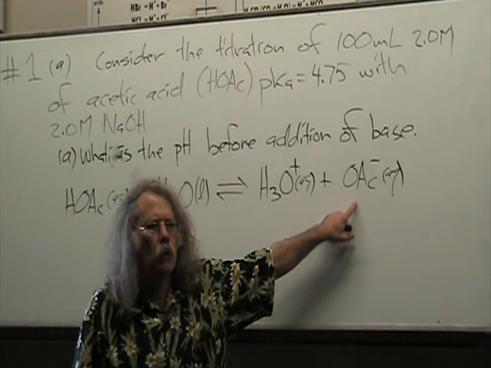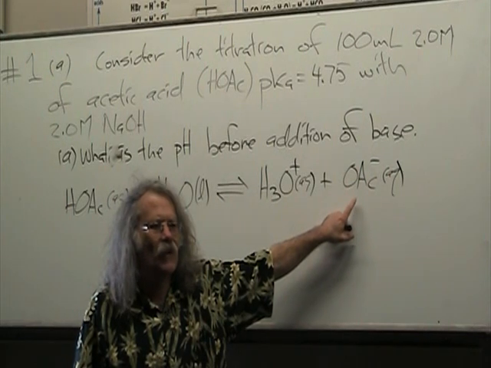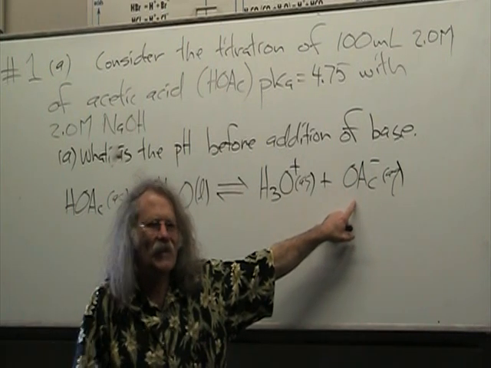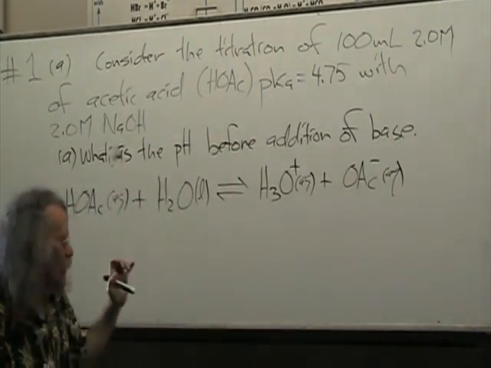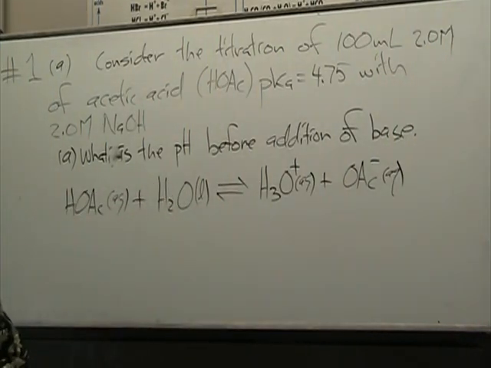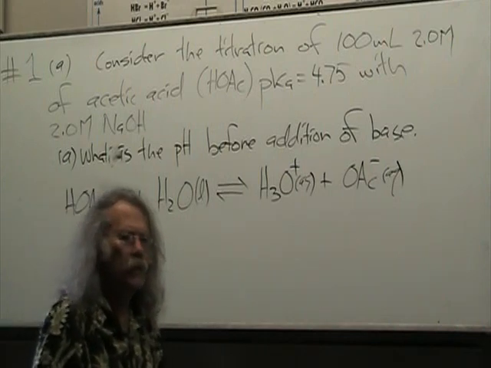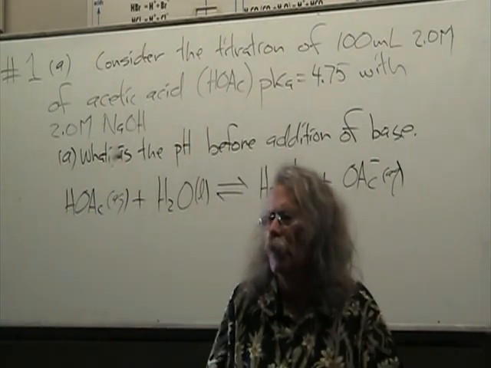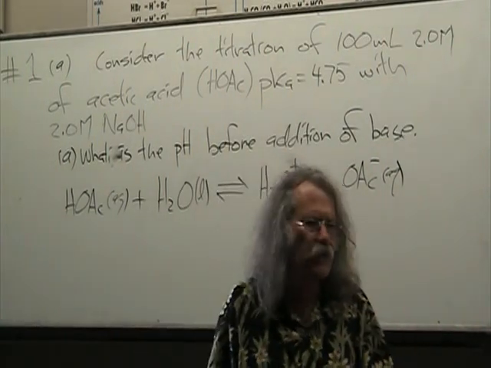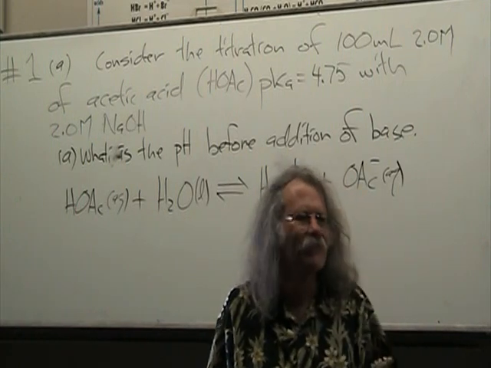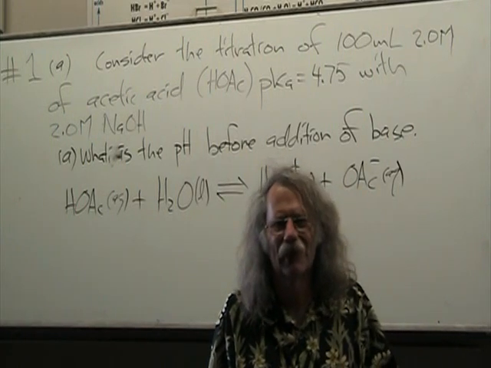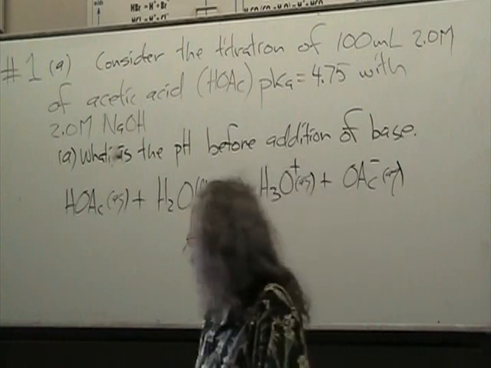It's acetate. Acetate, yes. Somebody was asking earlier: do we need to know what the acids and the conjugate bases are? The answer is yes. That's part of what we have to understand.